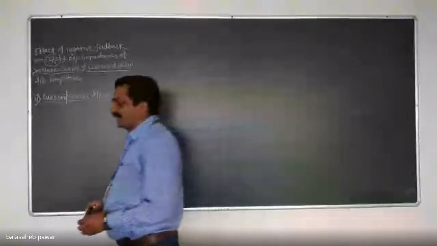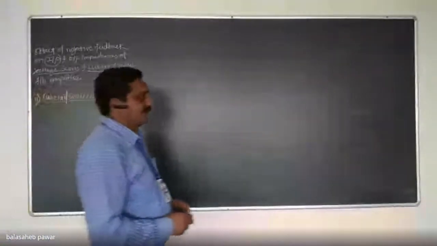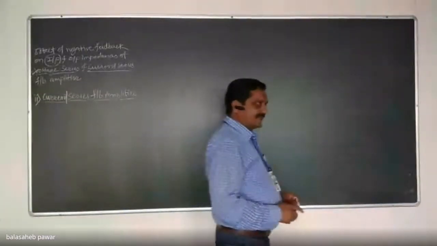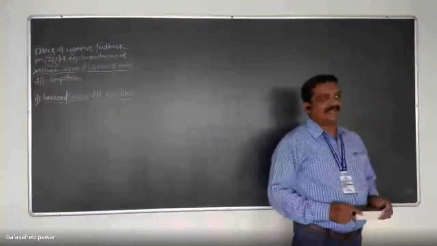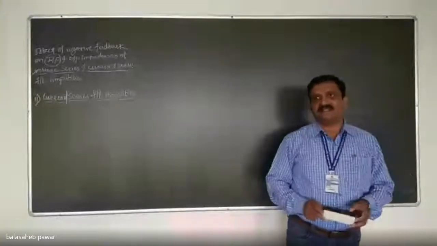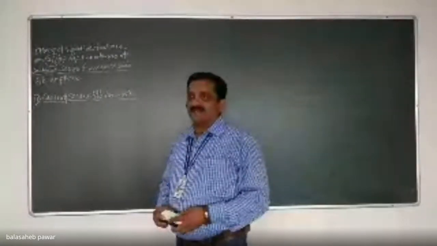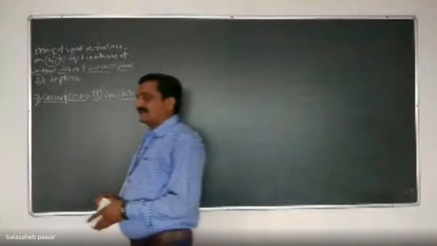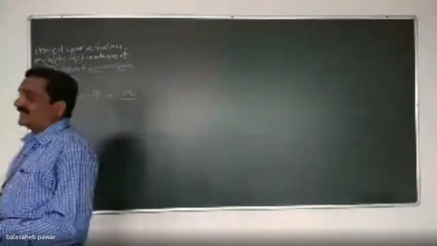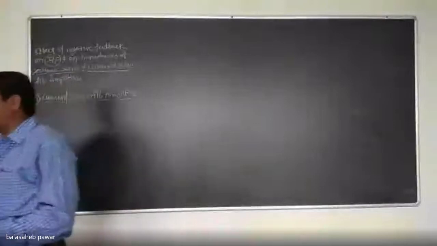From that, it is concluded that the input impedance with negative feedback for the voltage series feedback amplifier gets increased, or in general, we can say it gets improved. For the same topology, the output impedance, that is ROF, gets decreased by using negative feedback.